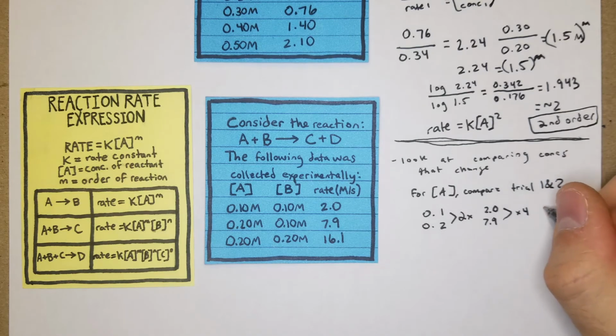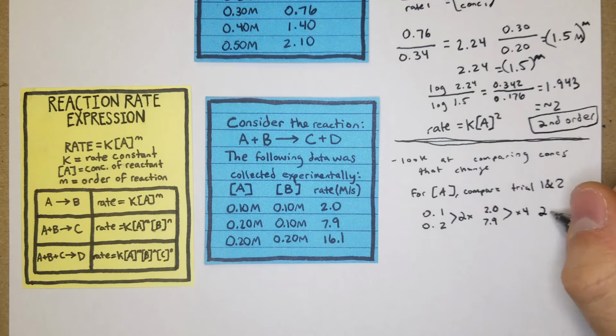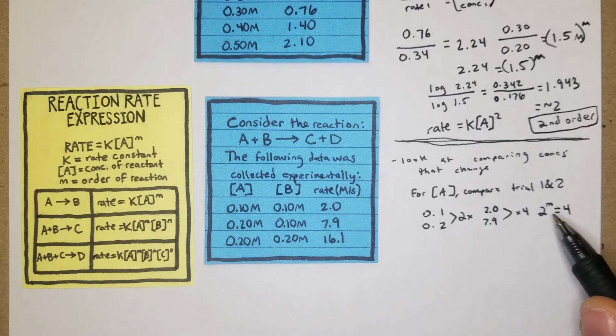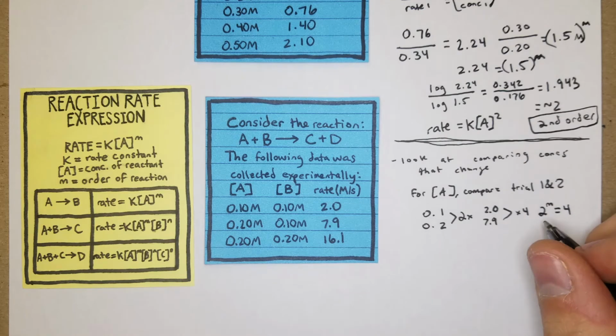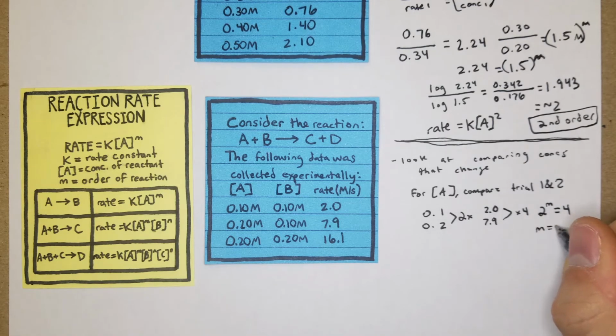And now what we say is, we take the 2, and we say 2 to the m is equal to 4. So to what exponent would you raise 2 to get 4? It's going to be 2. m equals 2, second order. So for A, it's second order.